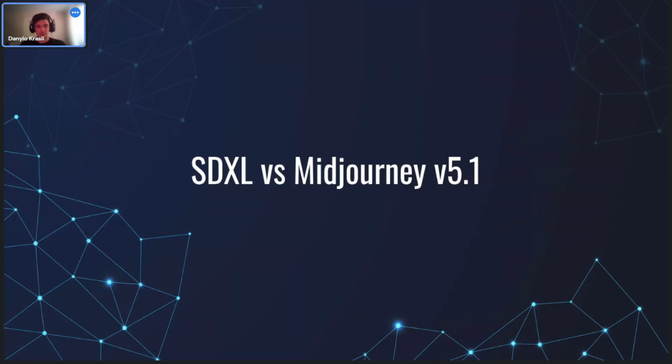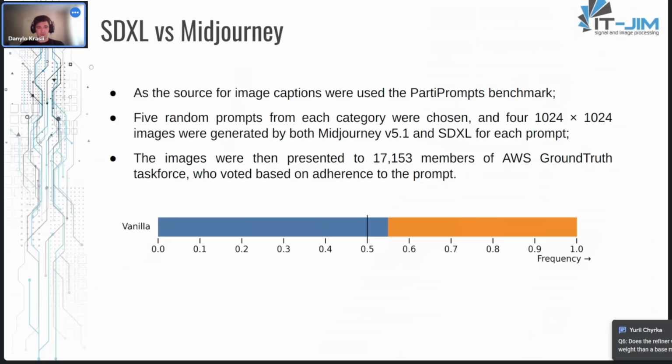So finally, some demonstrations. The authors decided to check SDXL performance by comparing its results with the state-of-the-art text-to-image generation model Midjourney. As the source for image captions, they used the PartiPrompts benchmark. So 5 random prompts from each category were chosen, and 4 images were generated by both Midjourney and SDXL for each prompt.